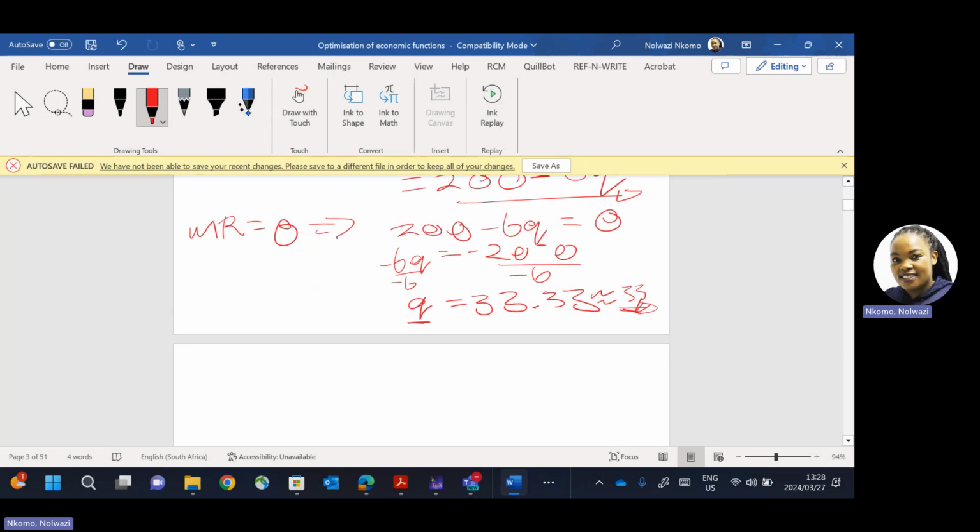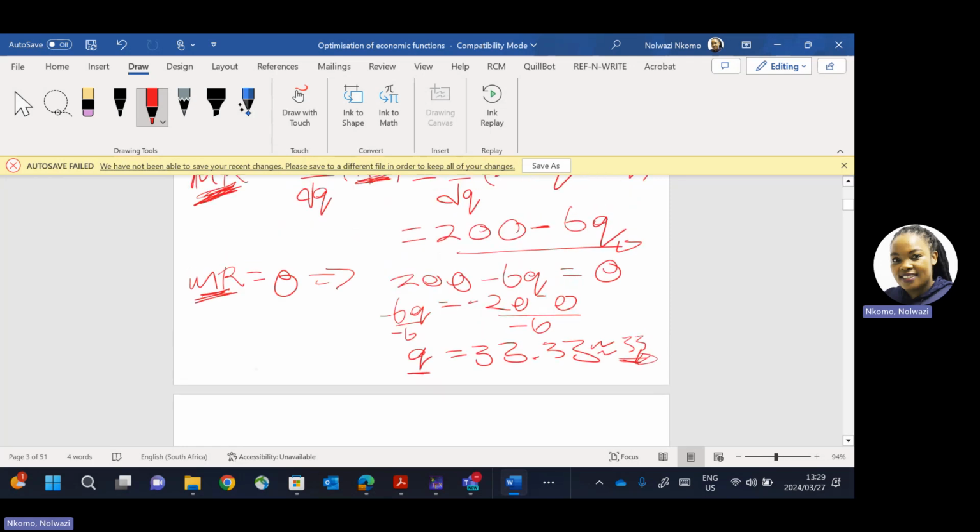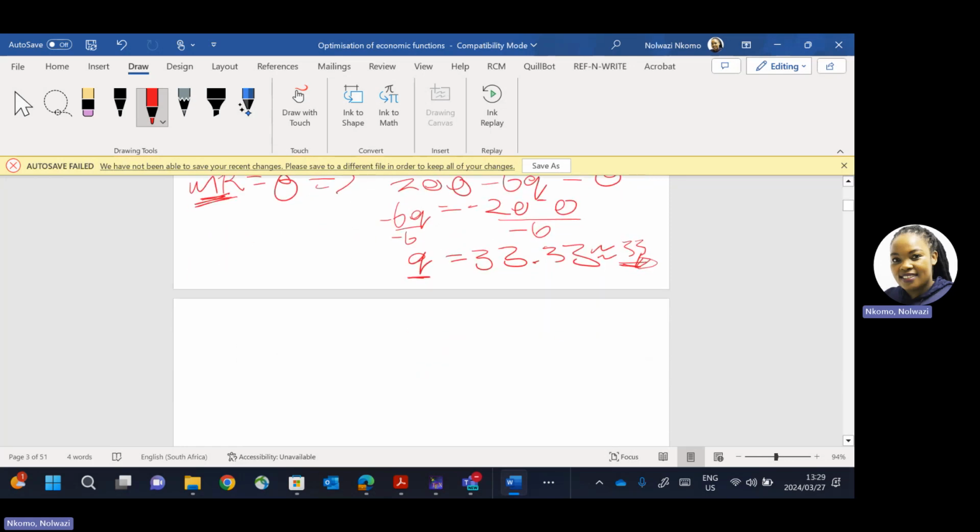The first derivative is the marginal revenue. So to find the second derivative, we need to differentiate the marginal revenue, because the marginal revenue is the first derivative of the total revenue. Our marginal revenue is 200 minus 6Q, and we want to find the derivative of this.